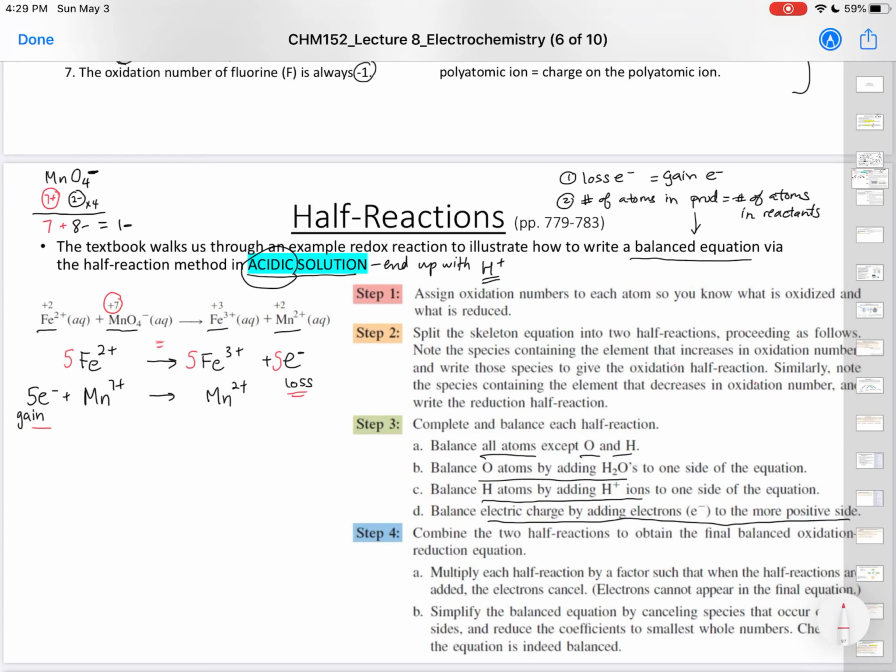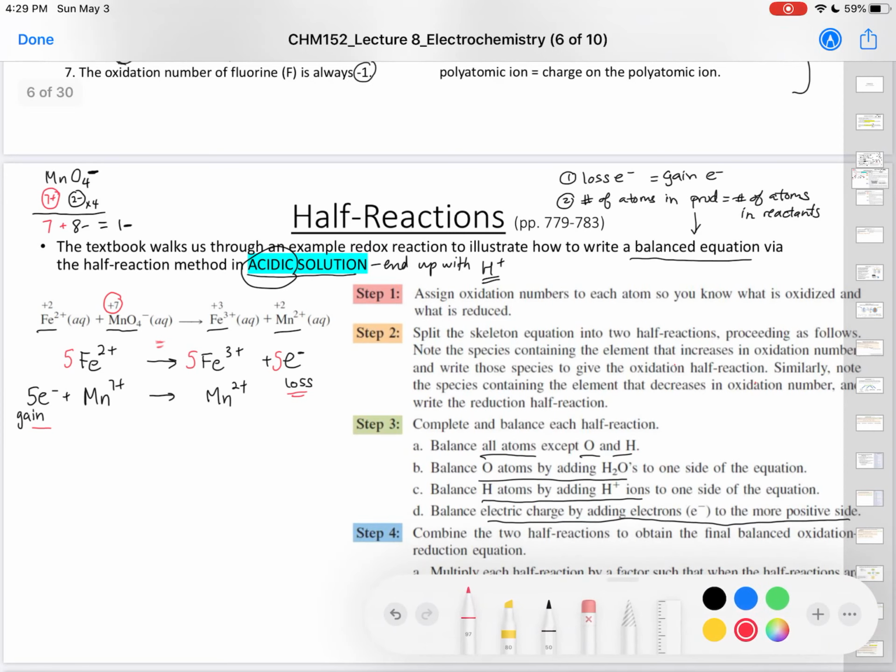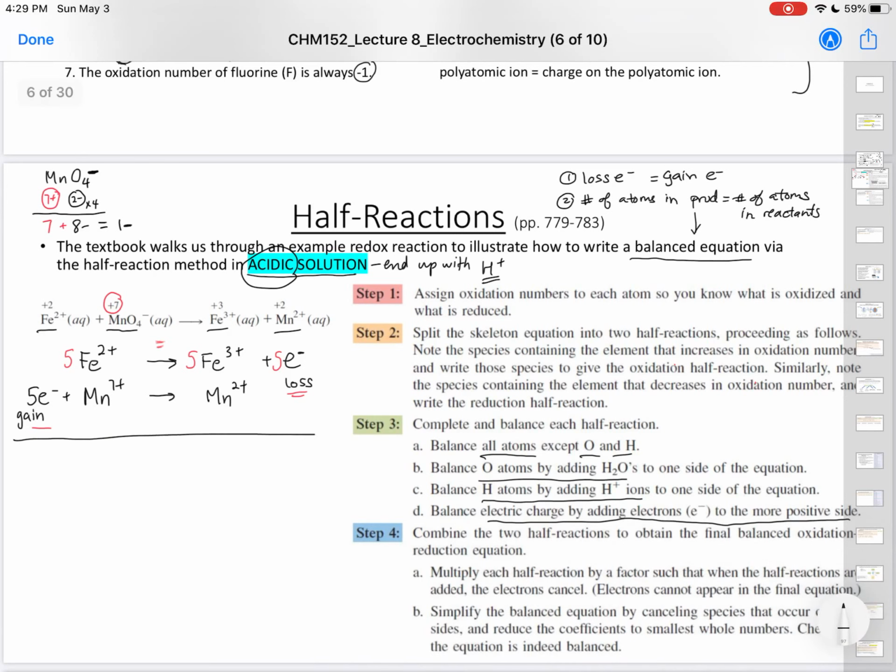Okay? If you don't get that, then listen to that again. Each iron atom loses 1 electron. So therefore, 5 irons will lose 5 electrons. So the nice thing about that is then, if you lose 5, where do those 5 go? They're gained by the manganese if they're all sitting in one redox system.